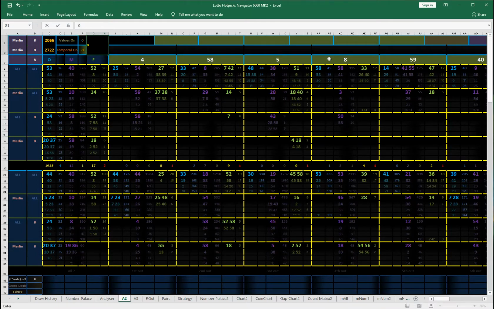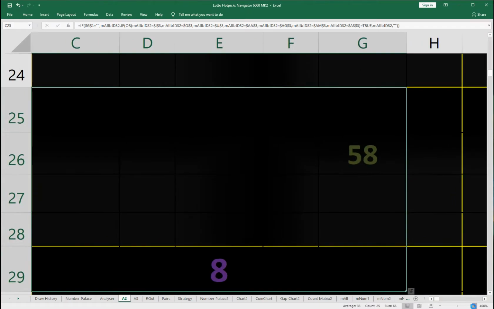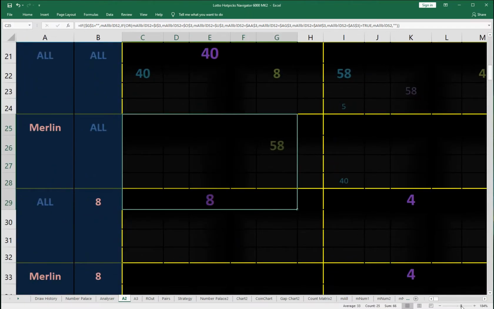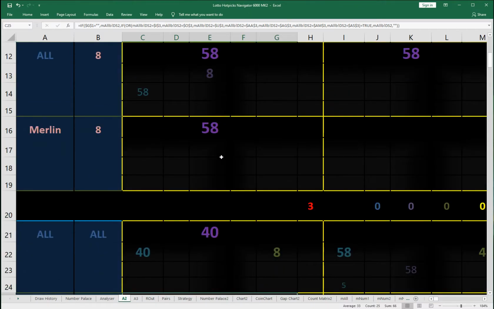Now, if we look at all the coincidences on this analyzer, see, these charts are the ones that include the bonus ball, which is why it says all 7. Just there. I don't know if you can see that. Yeah, all 7.